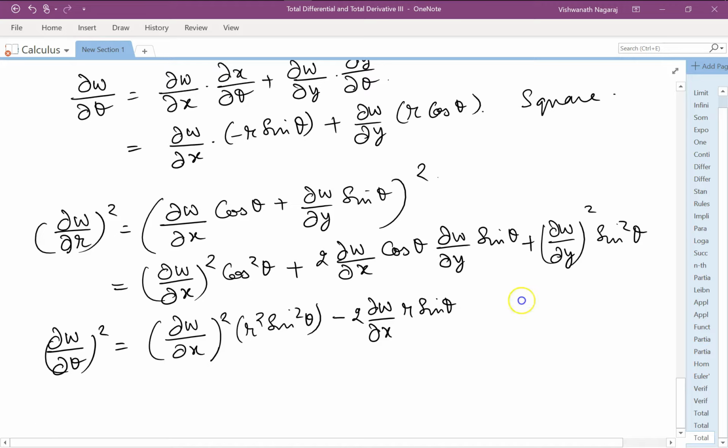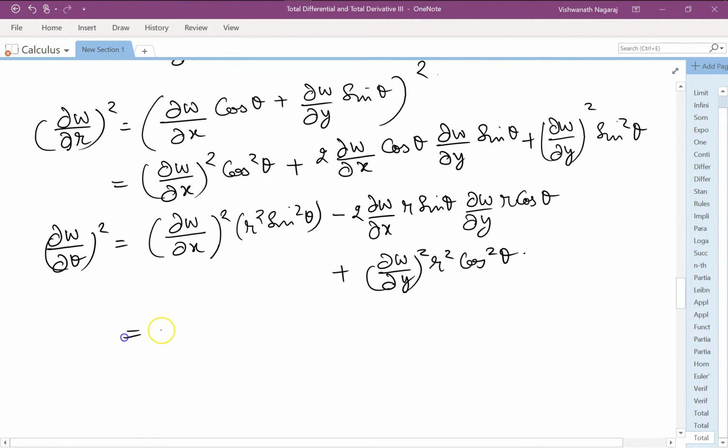Let's do it systematically. So ∂w/∂y r cos theta plus (∂w/∂y) the whole square r² cos² theta. Now here r into r, that is r², and r², they are common.